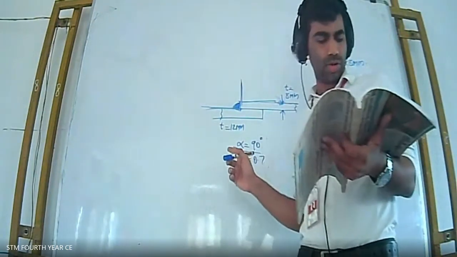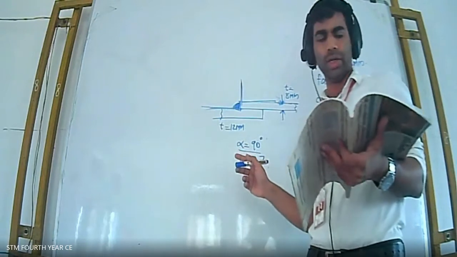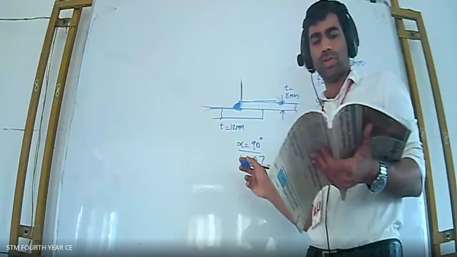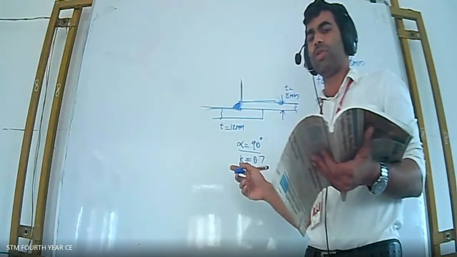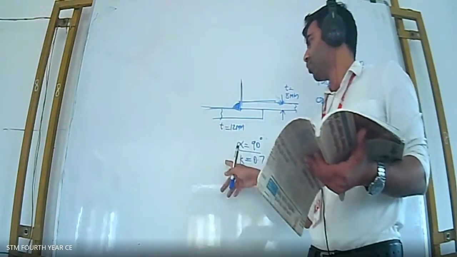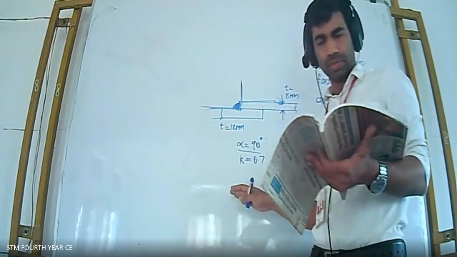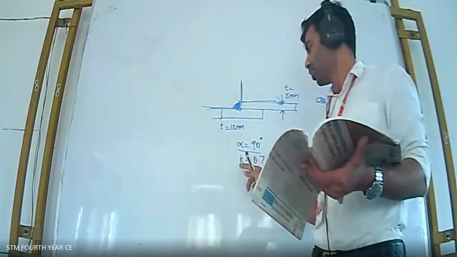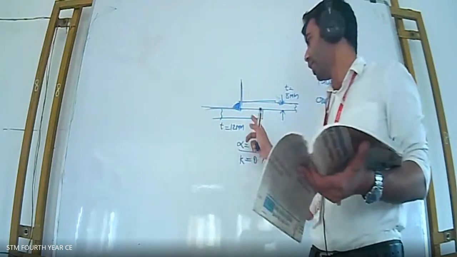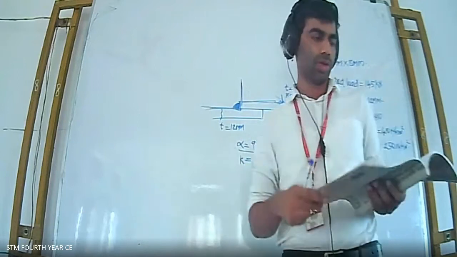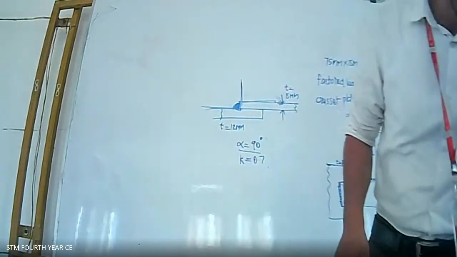Here you have to take this 60 degrees to 90 degrees range. Page 78, Table 22. You have to refer to Tables 21 and 22 for this section. In Table 22 you can see that for a 90 degree alpha value you have the K value as 0.7. That you have to remember.